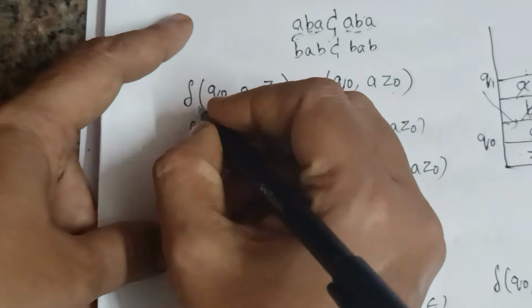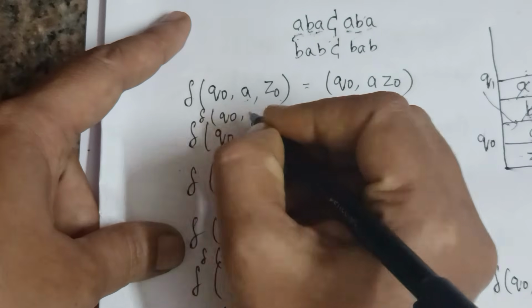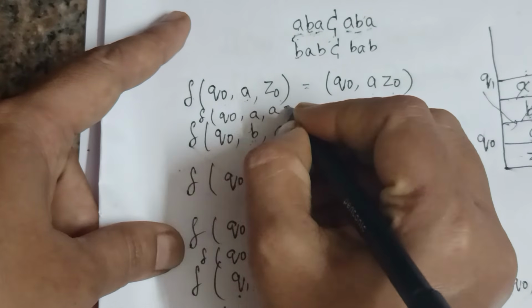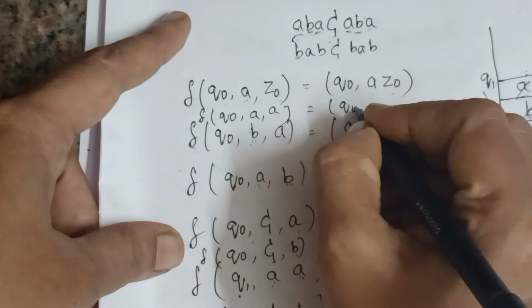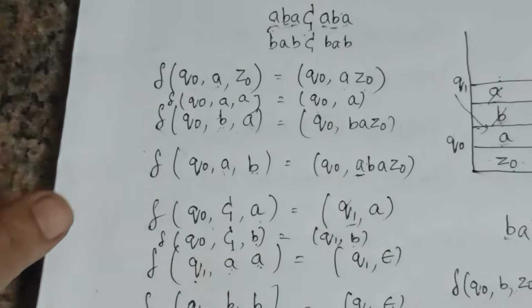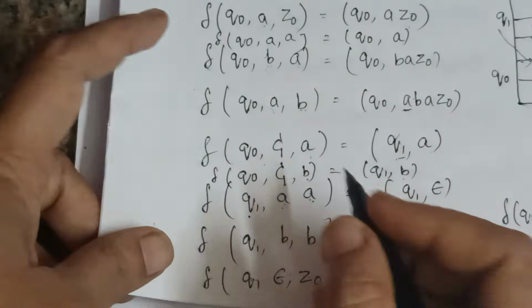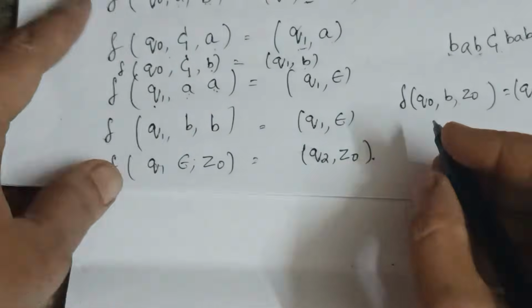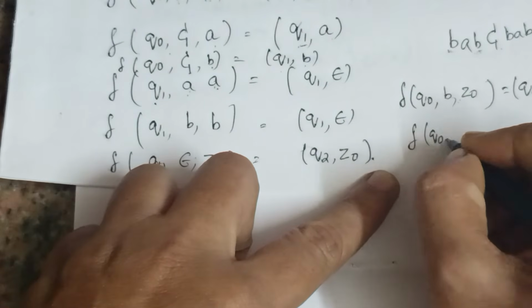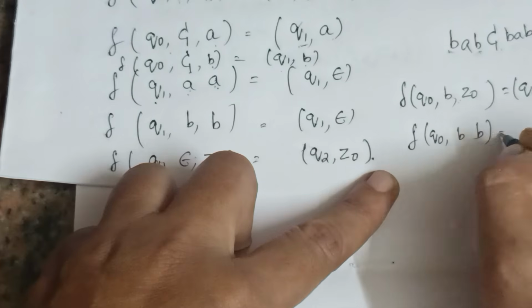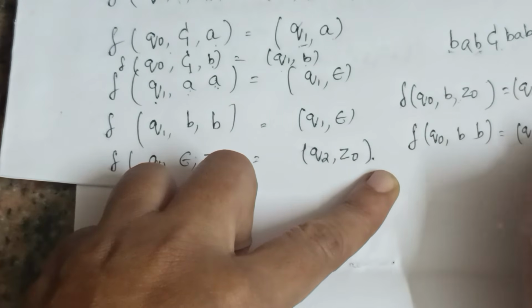So we should write one more transition function, delta of Q0, A is top of the stack. If I push A, then it should be Q0 A. Similarly, for B also, delta of Q0, if B is top of the stack, if I push B, it should just push the symbol onto the top of the stack.